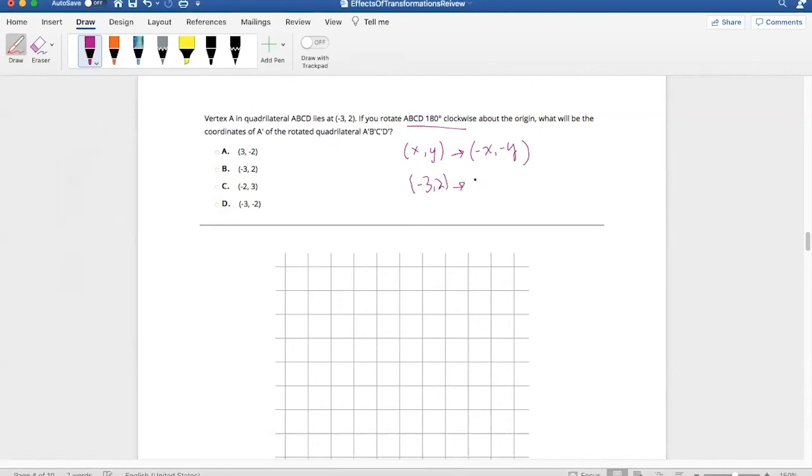So after we do that clockwise 180 degrees, both the x and the y are just going to change to the opposites. That would make that 3, -2. And that is one of our choices. So that worked out.